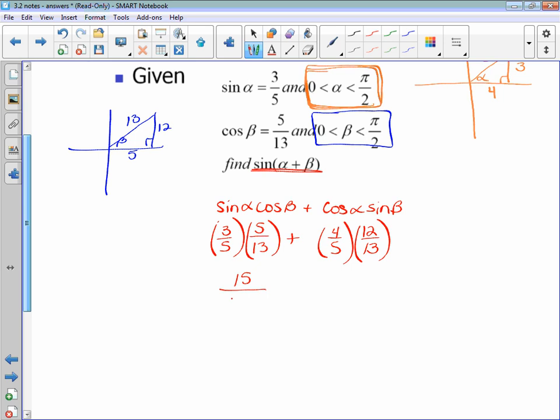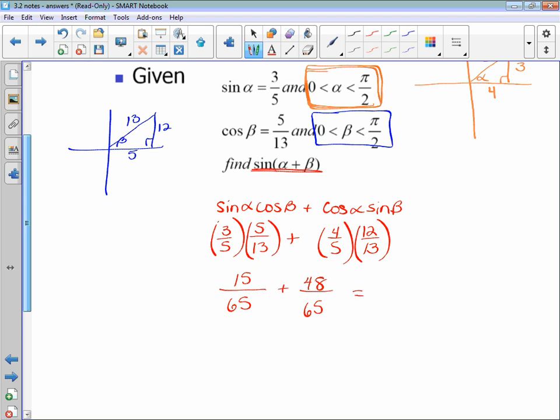That's what 5 times 13 is. Then the other fraction. What's 4 times 12? 48. And again, 5 times 13. 65. Do you guys see how those nicely already have the same denominator? That should always happen. If they don't match, you probably messed up somewhere. A little check along the way if something didn't go well.